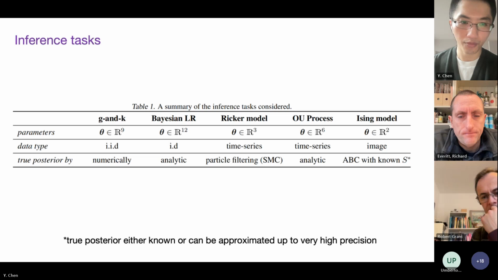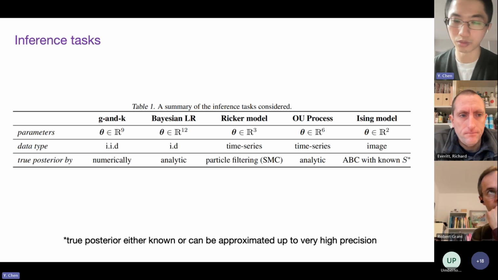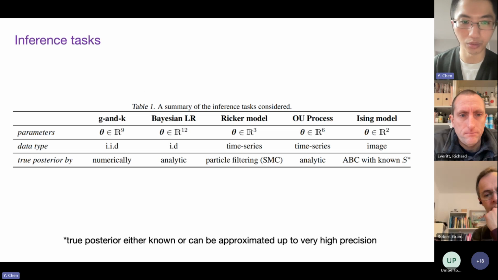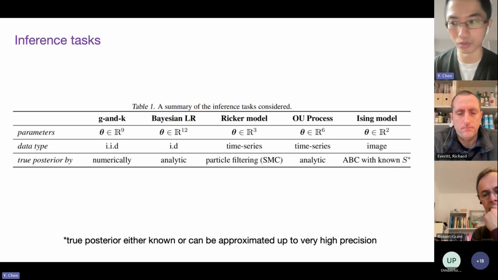And these different tasks cover cases with different data types. In the GNK model, the data is IID. But in the Vickers model and the OU process model, the data is a time series. And also, they have ranging dimensionality from two dimensions up to 12.